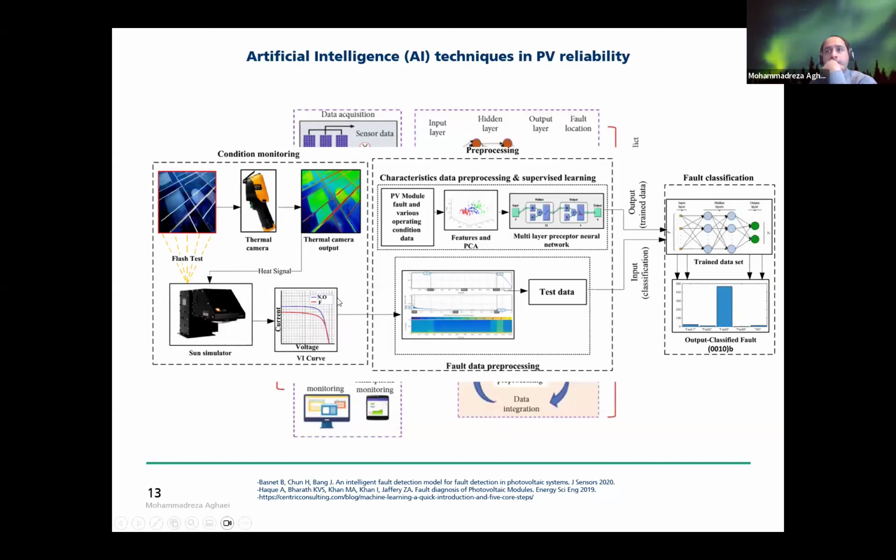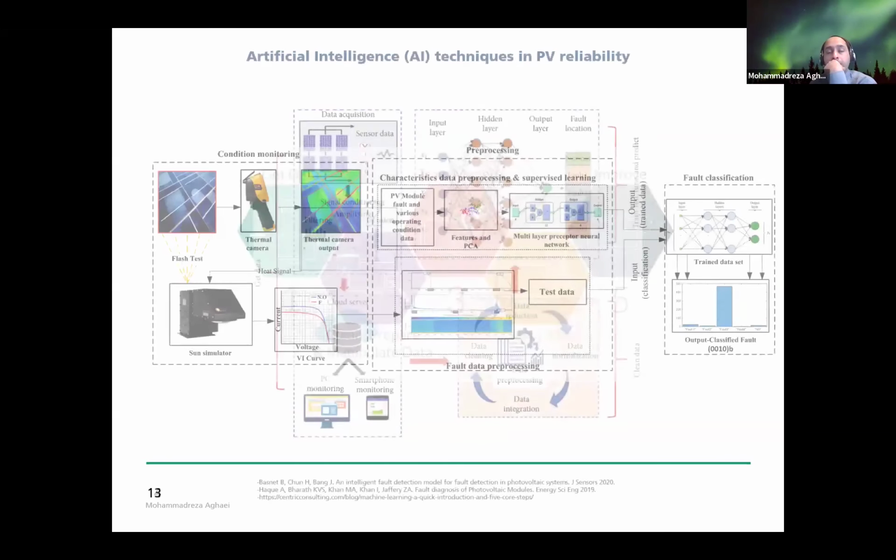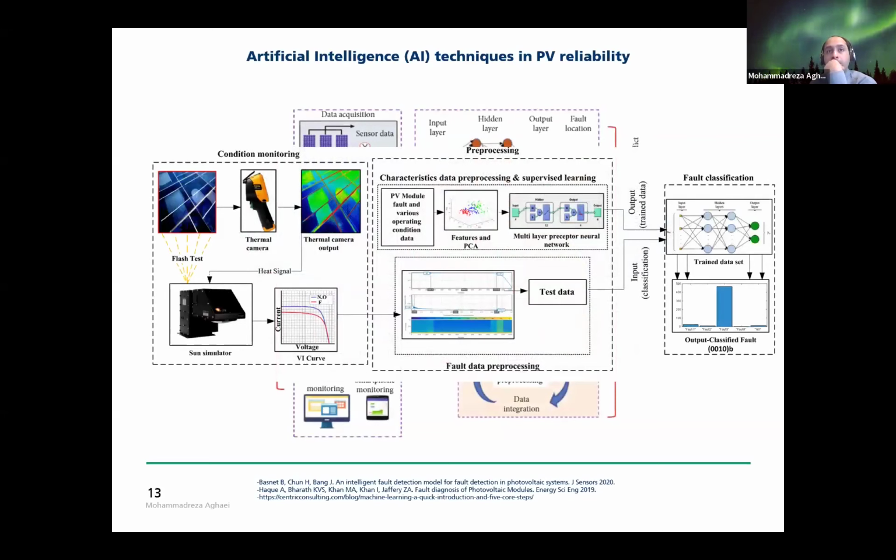So in recent years, as you can see from the trend of publications, there are a lot of machine learning methods applied for detecting failures, and also for the prediction or classification of failures, and also for reliability prediction. So in the next slides, I'm going to present some examples related to our topic.